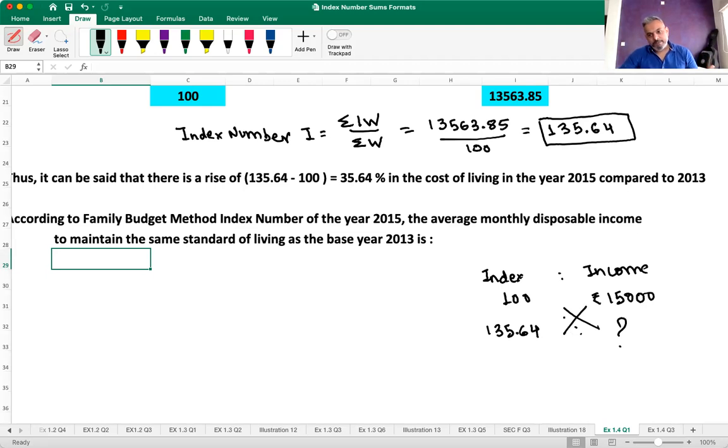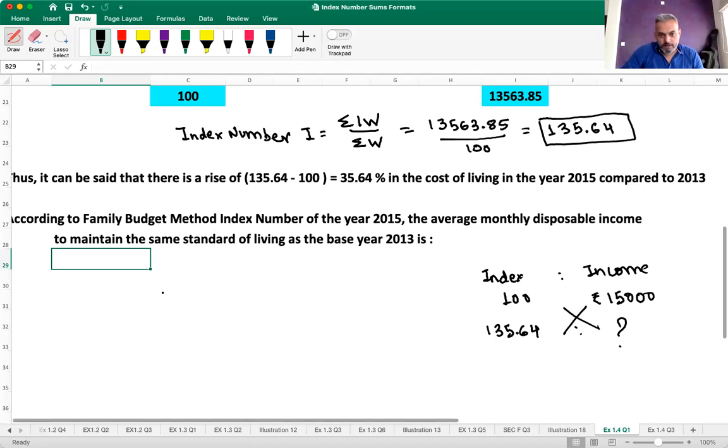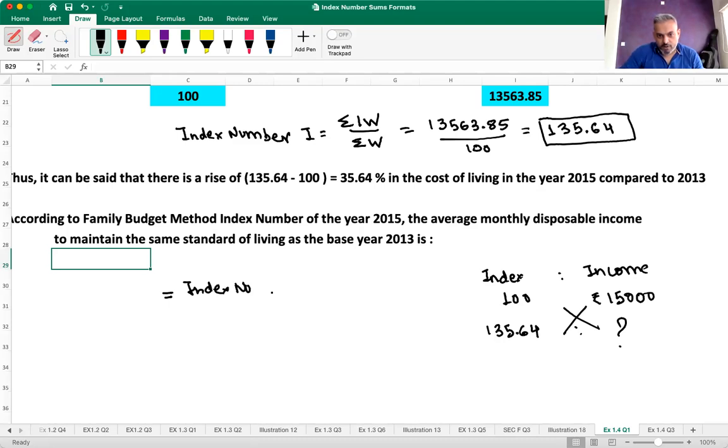So cross multiply. So over here we will say income is equal to index number of current year upon index number of base year into income of base year.